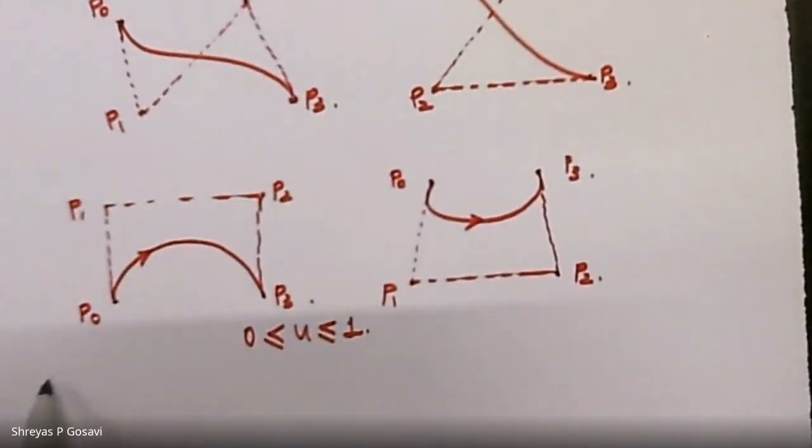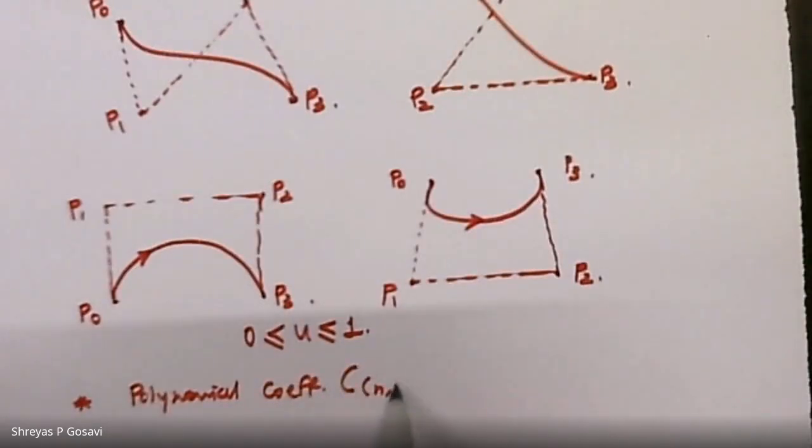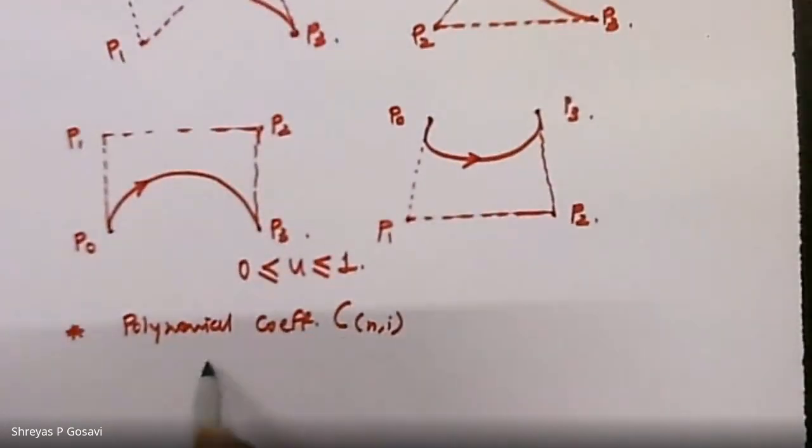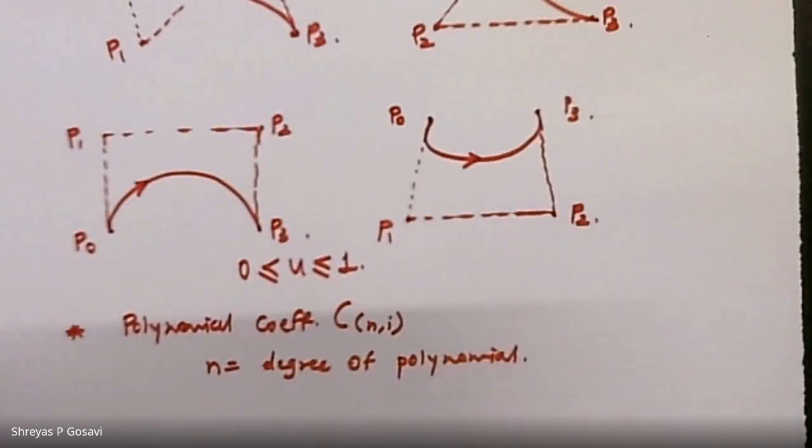This Bezier curve is based on Bernstein's polynomials, which define the polynomial coefficient. It is defined as C of n, i, where n is the degree of the polynomial, and the value of i characterizes the control point.